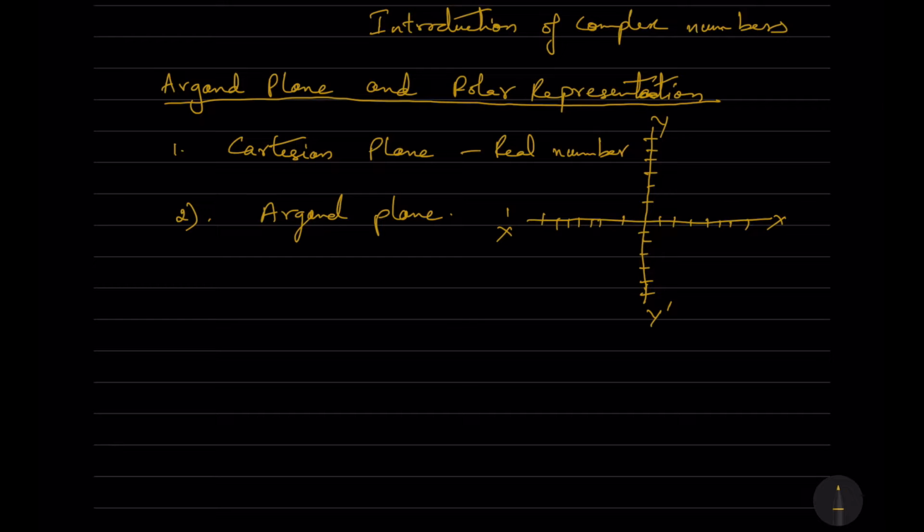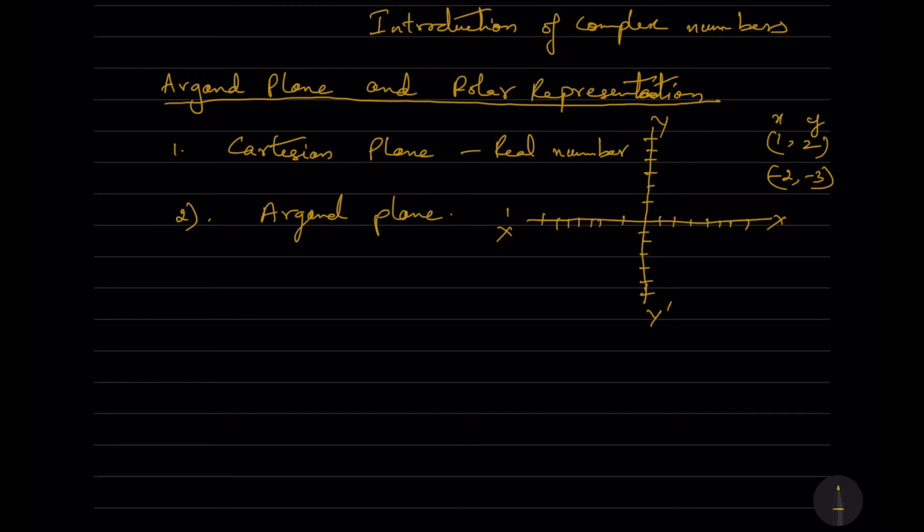That means we represent all these real numbers. Suppose you are taking x and y as 1 and 2, this can be represented on this Cartesian plane. Then suppose you have minus 2 and minus 3, you can represent this on the Cartesian plane. Now the Cartesian plane is again divided into 4 quadrants, that is first, second, third and fourth.